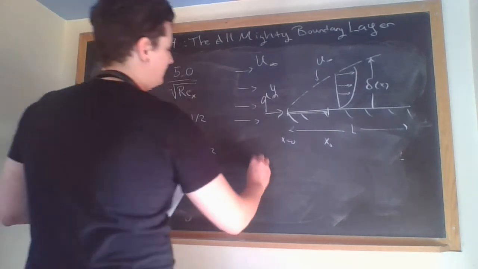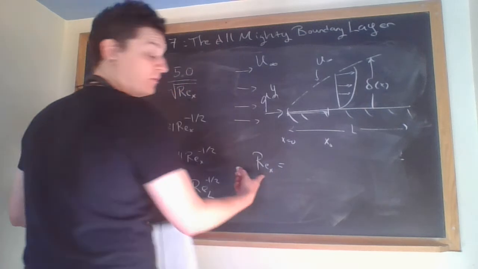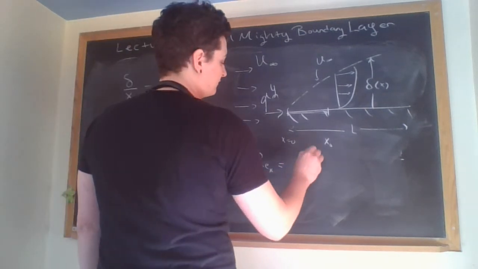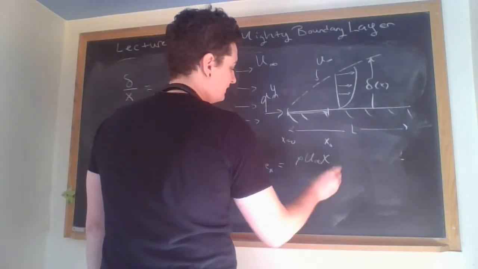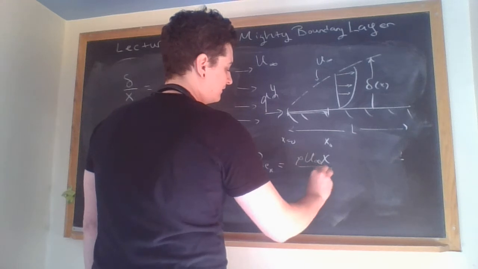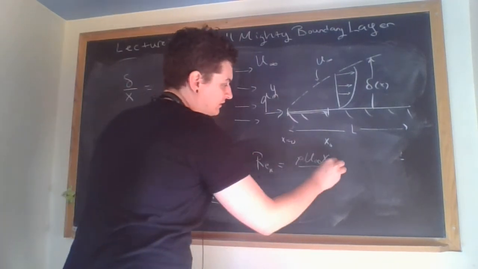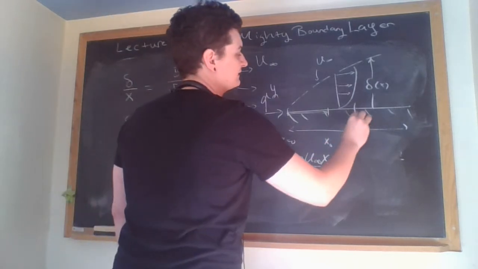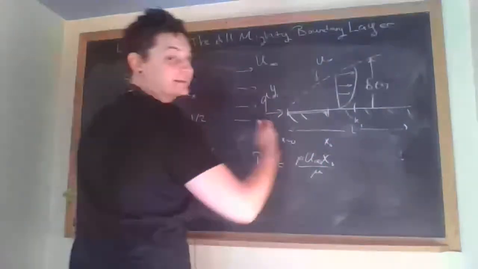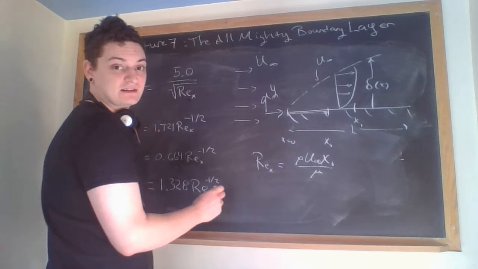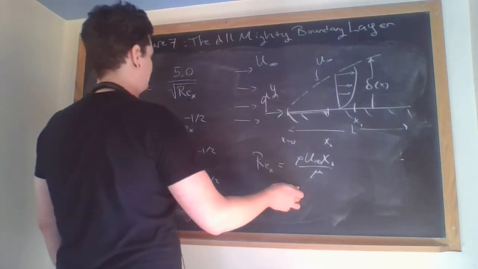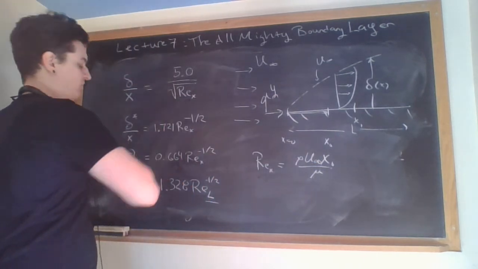So keep in mind, this is a pointwise Reynolds number, with rho, this, and x. It could be x naught, it could be x1. As x increases, this Reynolds number is actually increasing because the length scale is increasing. So this is pointwise.